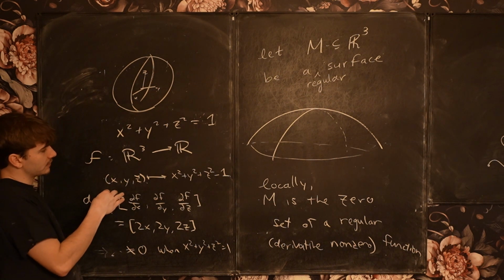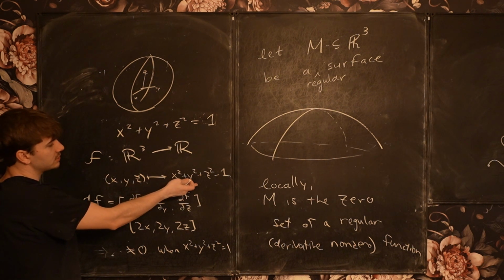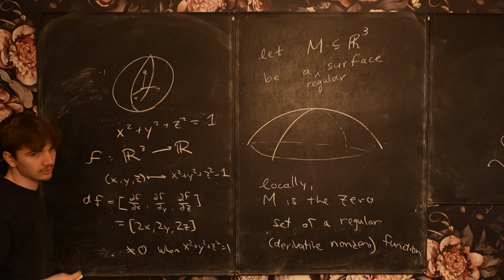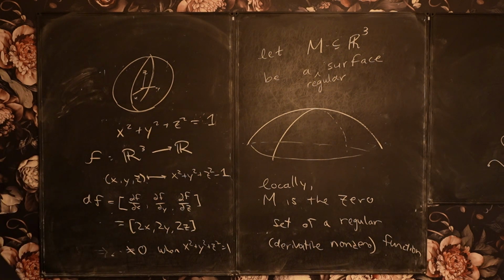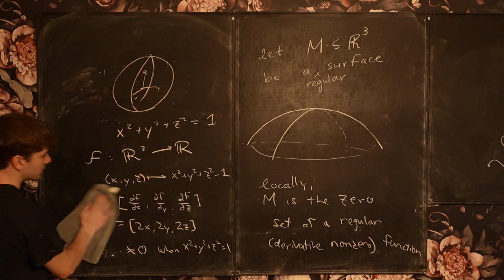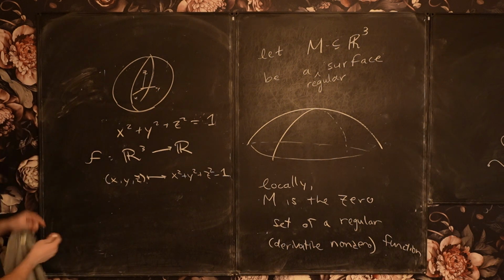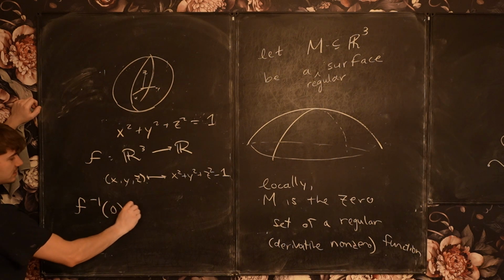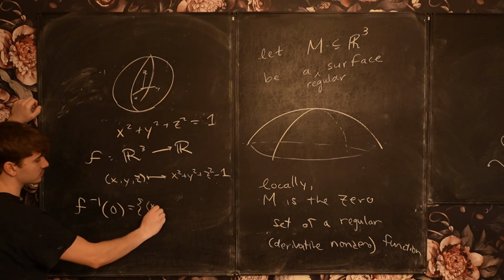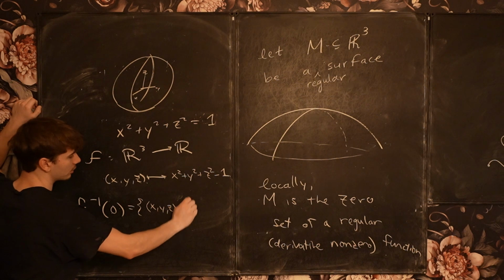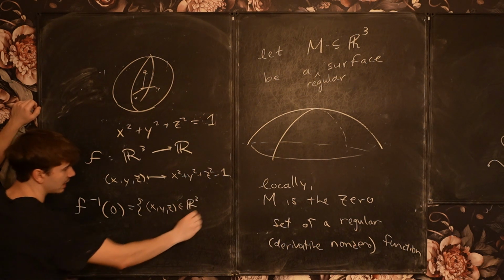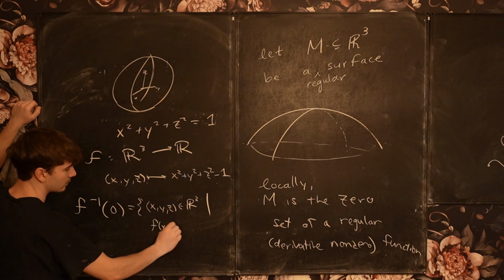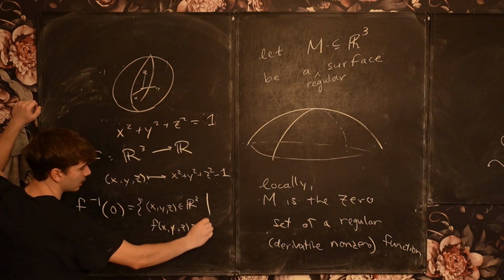And then the idea is that if I look at the image of this function, all the points that get mapped to 0, that's just f inverse of 0, okay? So this is equal to the set of points x, y, z in R3 such that f of x, y, z is equal to 0.